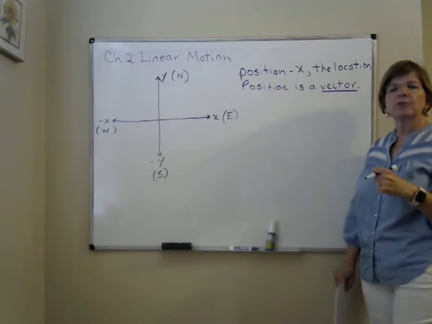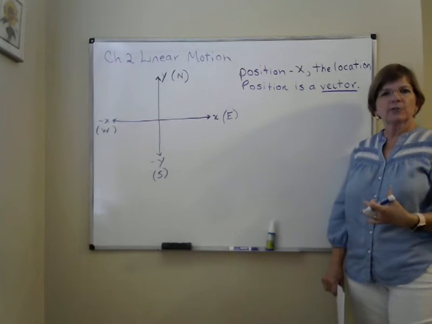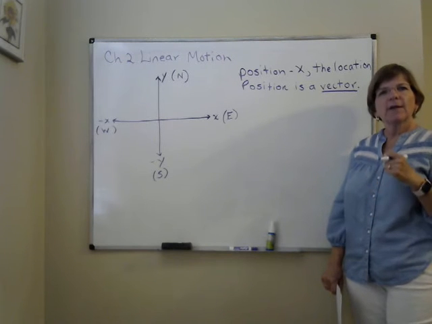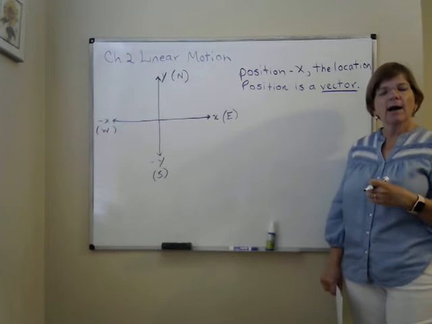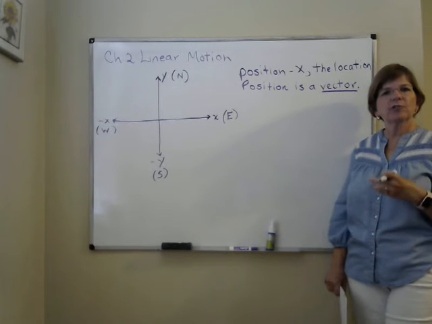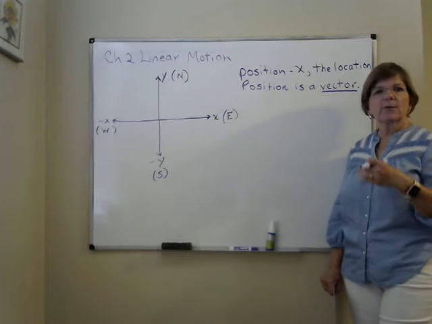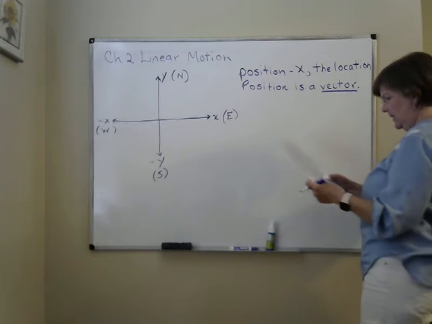Well, there's two types of measurements we deal with in physics. One is vectors, one is scalars. The difference is vectors have a direction. Things like time and energy don't have directions, but things like position and velocity and acceleration and forces do. So position is one of the things that has a direction.